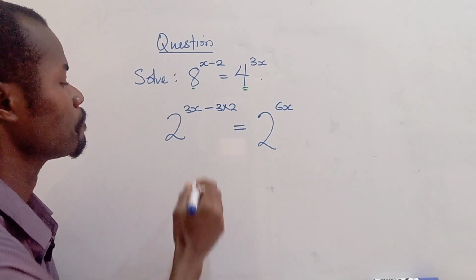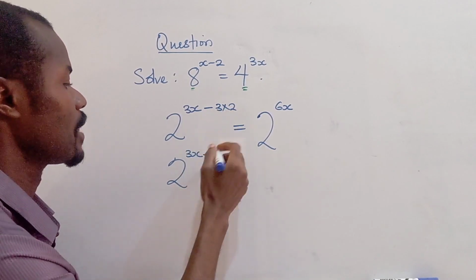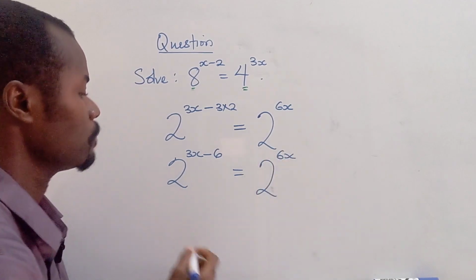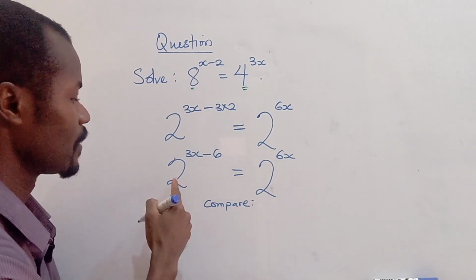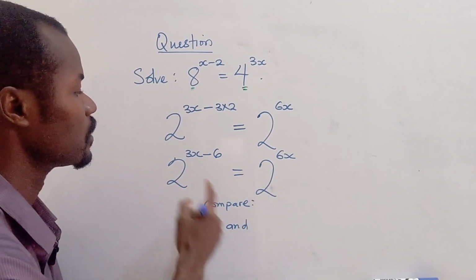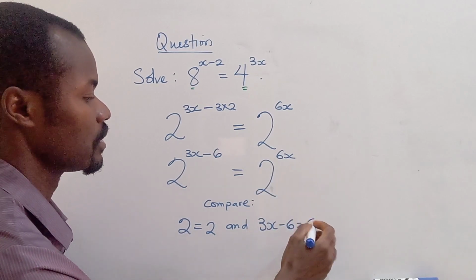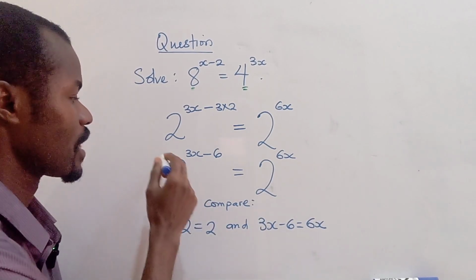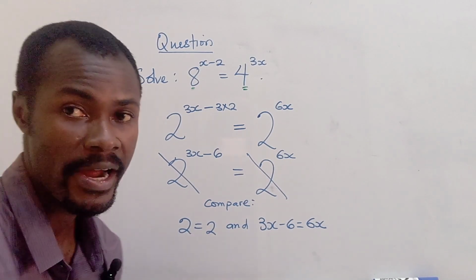I have 2 raised to power 3x minus 6 is equal to 2 raised to power 6x. If we compare, you can see that 2 is equal to 2, and we have 3x minus 6 is equal to 6x. Since they have the same base, you can also cancel them out, but it is best to compare.